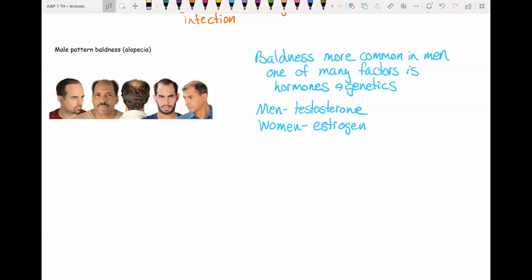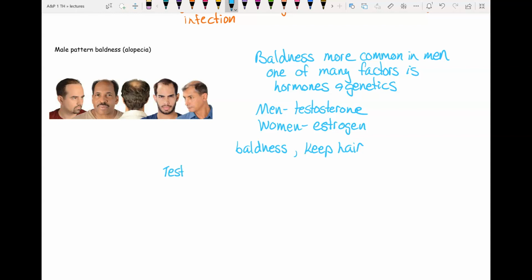Right? Remember Punnett squares and using capital letters and lowercase letters? So we have baldness, or we have keeping your hair. One of these is dominant, one of these is recessive. Which it is depends on if you're a man or a woman.